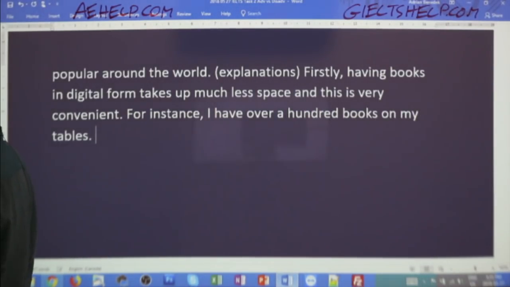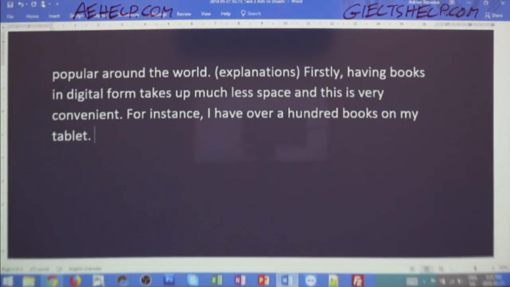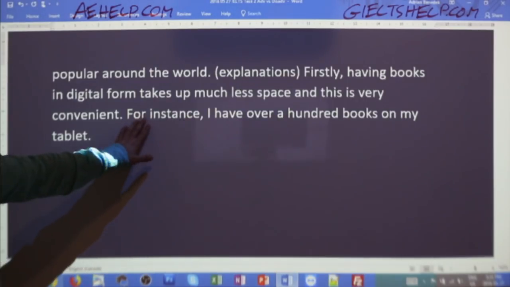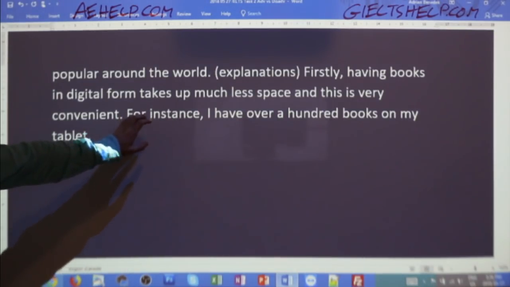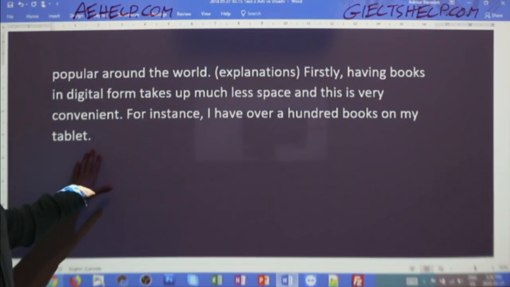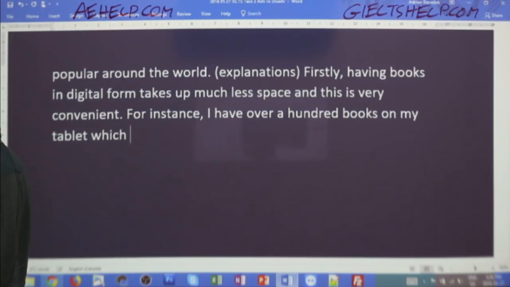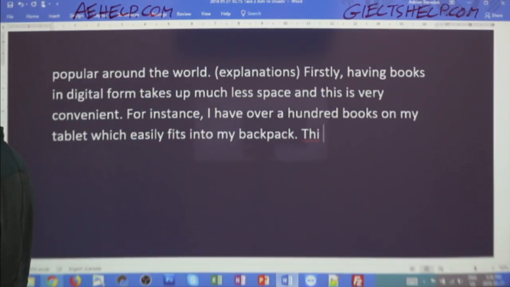So immediately, what I'm doing is I'm giving an explanation and I'm giving a first-hand personal example. So for instance, I have over 100 books on my tablet, which easily fits into my backpack. This is not possible with printed books.